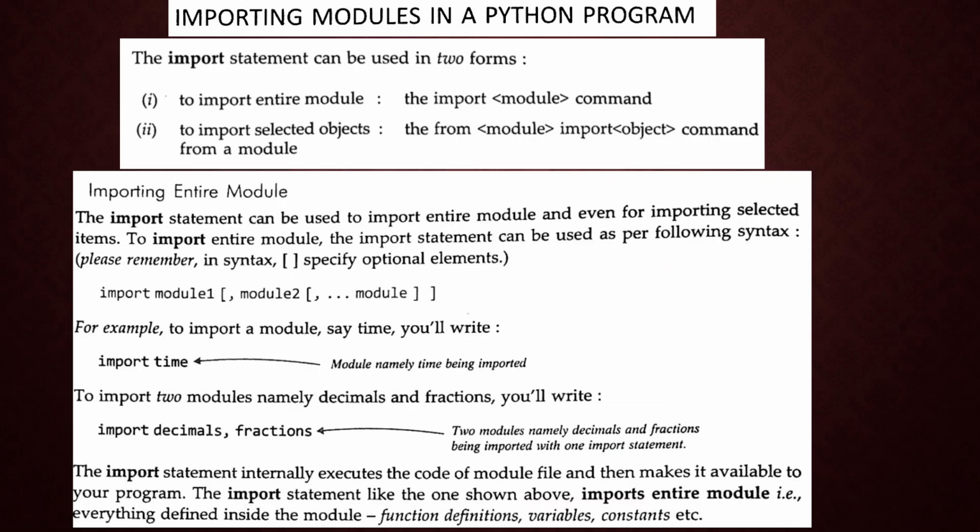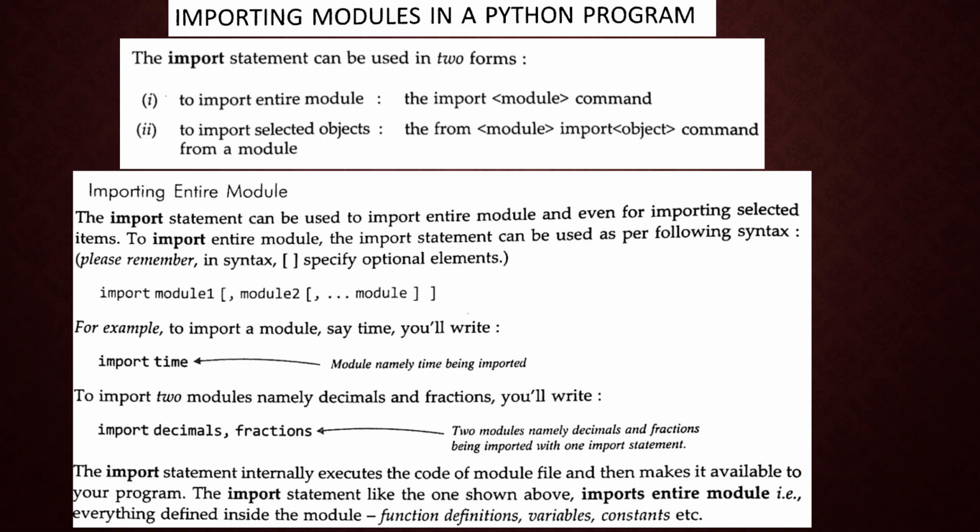Next, there are two ways to implement the import statement. One is to import the entire module, and the other is to import a particular object from the module. The first one, importing the entire module, just needs import followed by the module name. For math, we use import math.